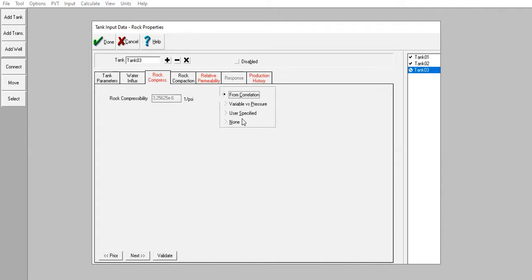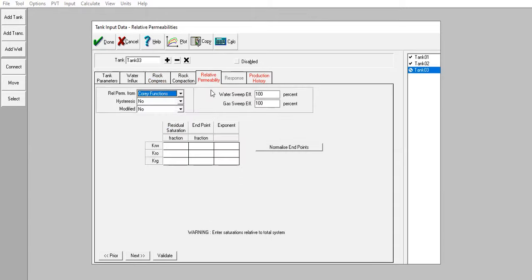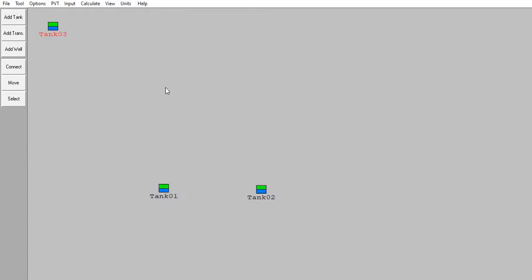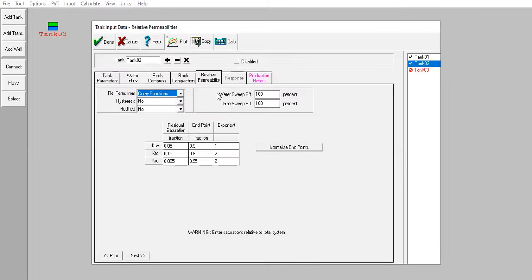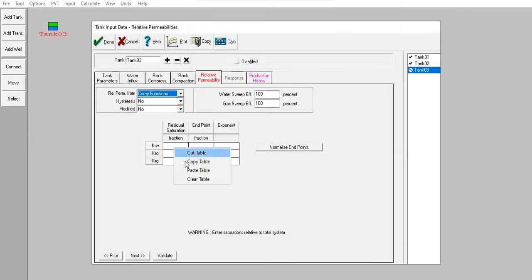For the rock compressibility, user specified, this one, okay. Rock compaction, relative permeability, I will copy the table from tank 2, okay, copy table, done. Go back to the third tank, paste the table. All right, very easy.